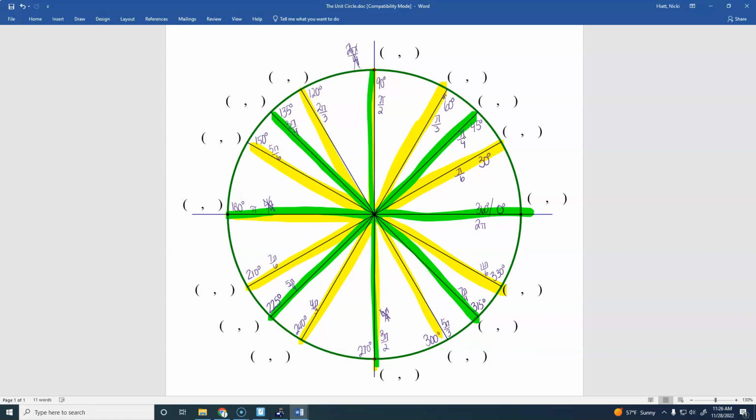So we're going to start the coordinates right now. We just probably won't get very far with it.